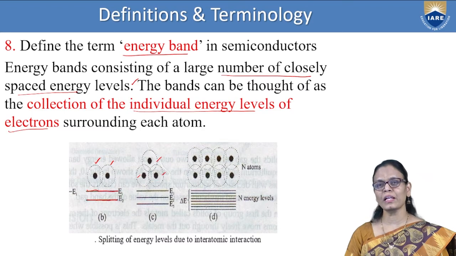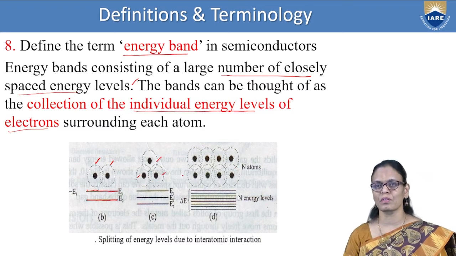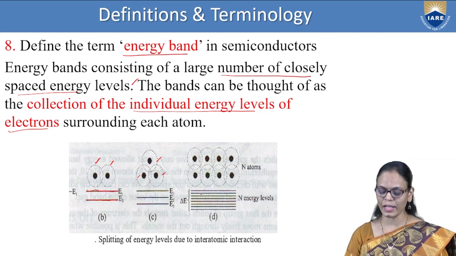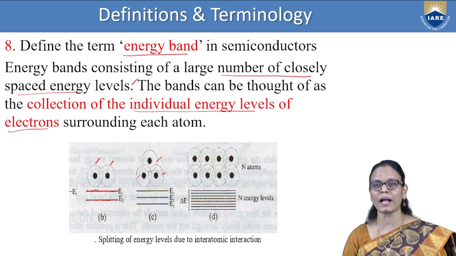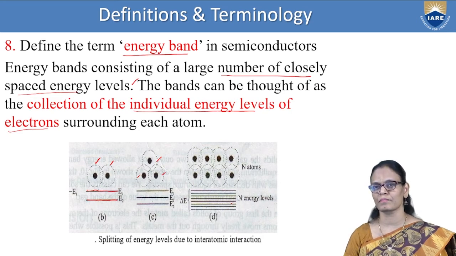When we increase the number of atoms, here we are seeing 8 atoms, all the energy levels of the 8 atoms put together form closely spaced energy levels which will look like a band.